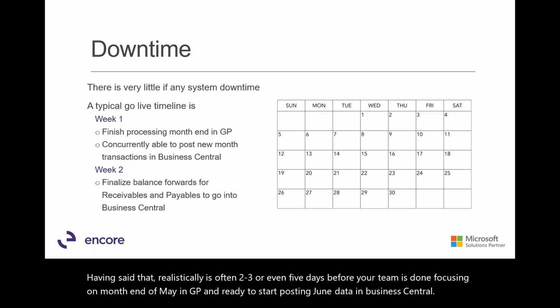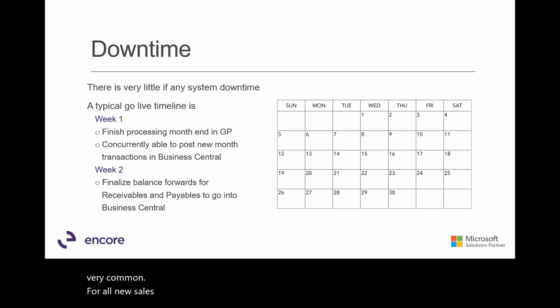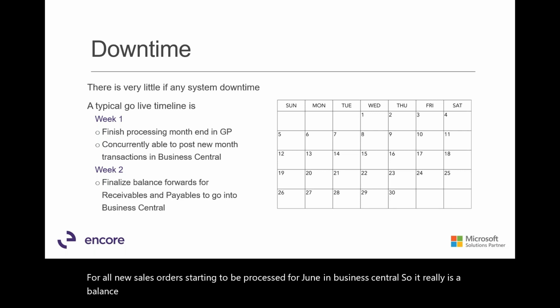That would be for your finance team. If, say, for example, you have sales orders, it would be very common for all new sales orders starting to be processed for June in Business Central. So it really is a balance of work effort between the various teams.